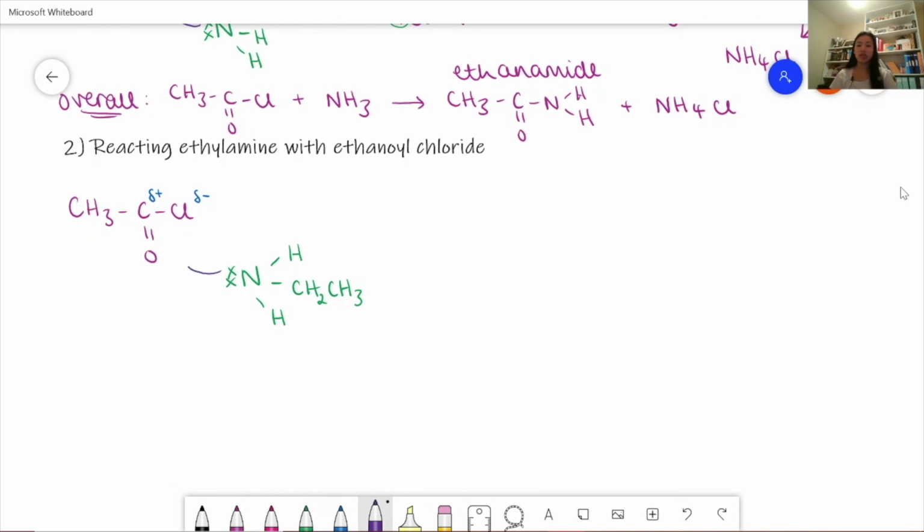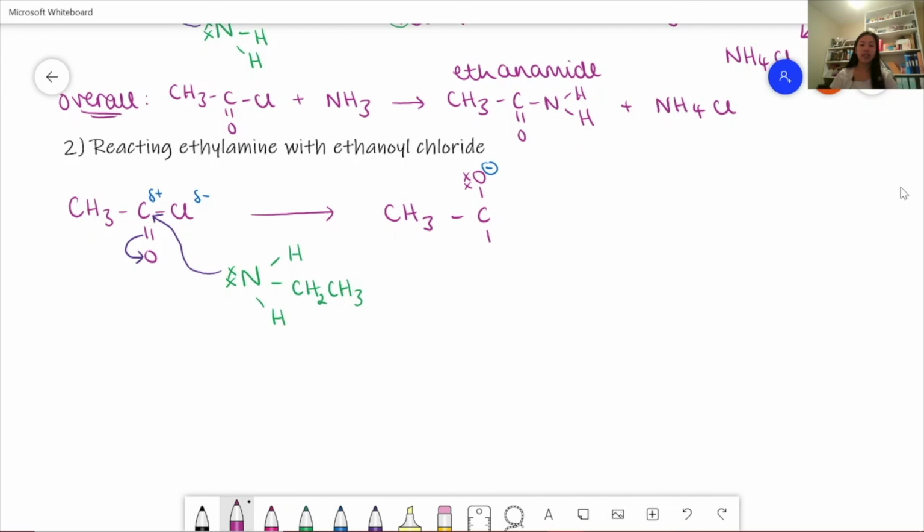And these electrons are attracted to this partially positive charge of the carbon, so move towards it and attack the carbon. And then electrons from this double bond then move to the oxygen. So again, we form an intermediate. So we have CH3, C, and then the oxygen, which now has the lone pair of electrons on it and is now negatively charged.